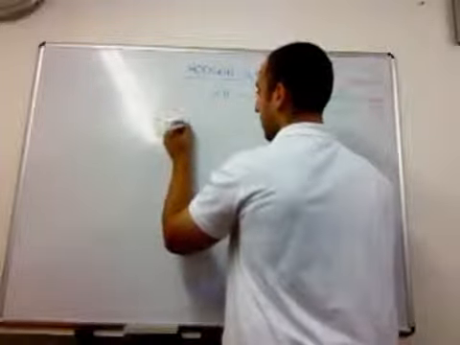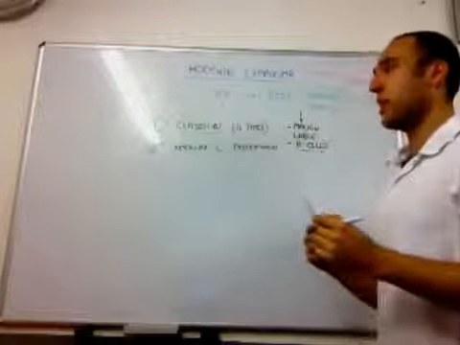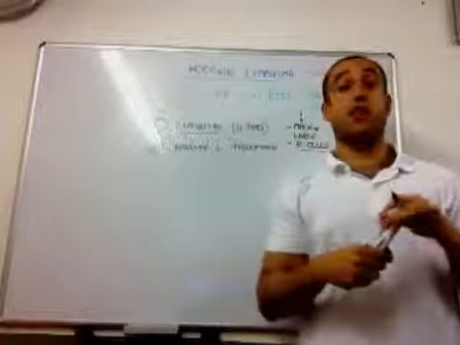The second type we can have is a nodular lymphocyte predominant Hodgkin's lymphoma. This is not a very common kind. It makes up only 5% of Hodgkin's lymphoma.